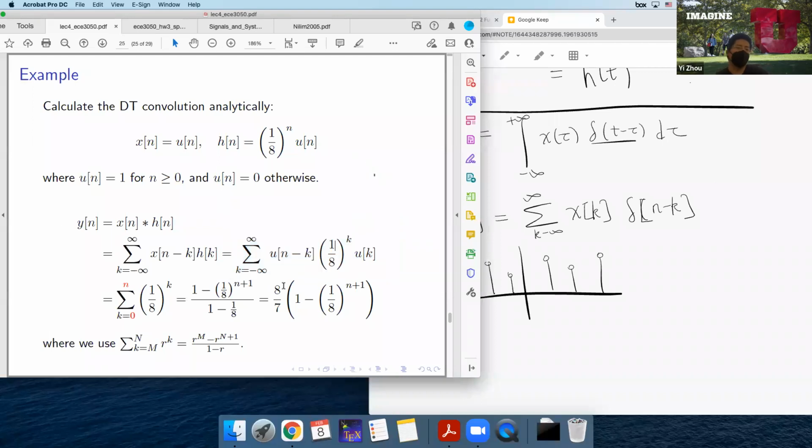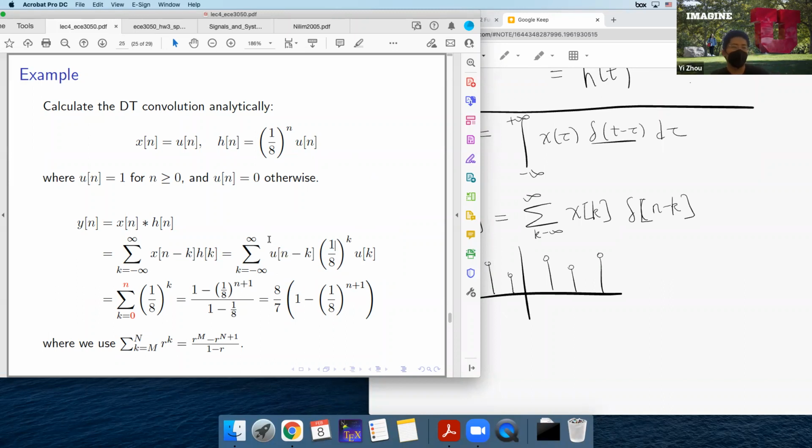Again, you see we have a product of two unit step signals. Following a similar observation as we did in the continuous time part, this product of two unit step signals essentially corresponds to a discrete time window signal. And that window is between 0 and n, we can verify that.